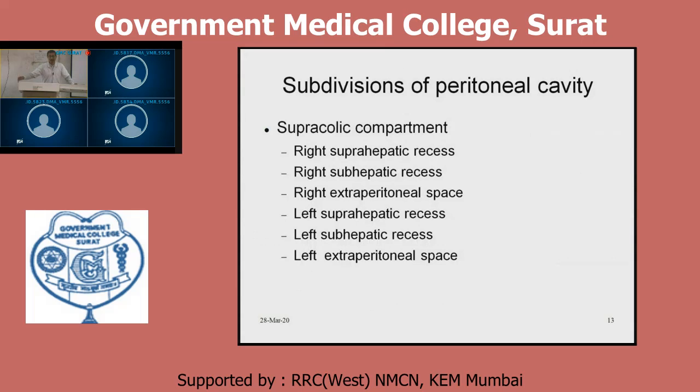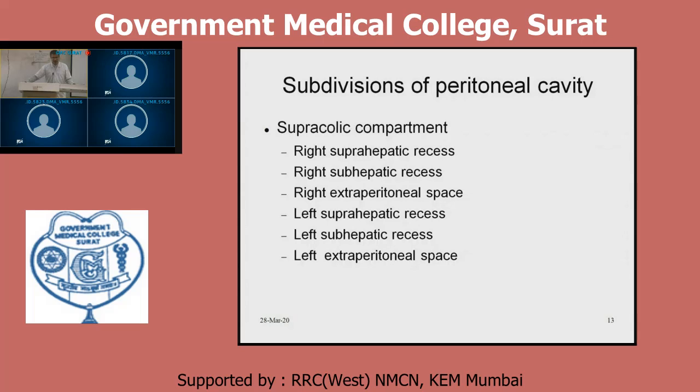Now you know greater omentum, lesser omentum, position of stomach, position of lesser sac, position of greater sac. In relation with the supracolic compartment, anterior boundary is formed by anterior abdominal wall. Now freely mobile greater omentum will form posterior boundary of the supracolic compartment, and transverse mesocolon will form boundaries posteriorly.